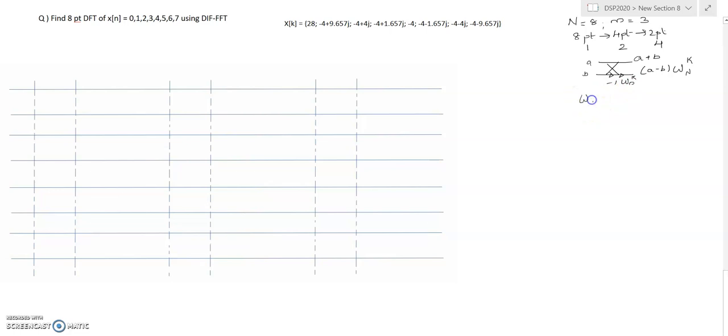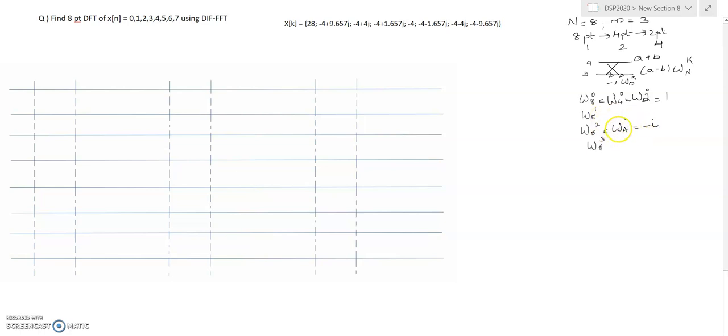Then we need the twiddle factors. The twiddle factors required are as follows: W_8^0, W_8^1, W_8^2, and W_8^3. We all know W_8^0 is equal to W_4^0 and W_2^0, which will be equal to 1, and W_8^2 will be equal to W_4^1, which will be equal to minus j.